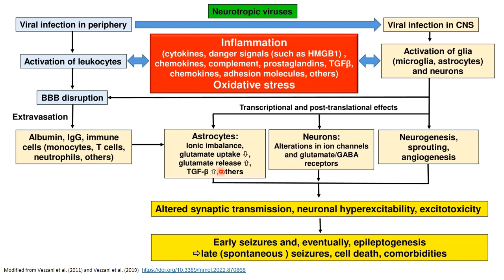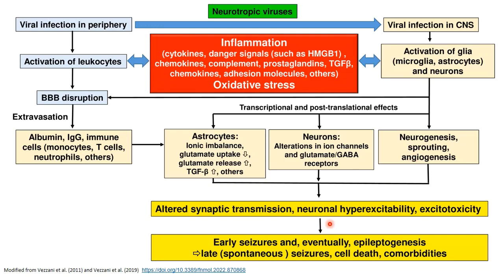In addition, there is also an increase in TGF-beta and other inflammatory cytokines. Besides this, the neurons undergo a characteristic alteration of the glutamate GABA receptors, and there is a characteristic neurogenesis, sprouting and angiogenesis which develops.